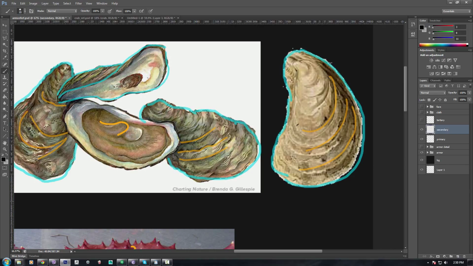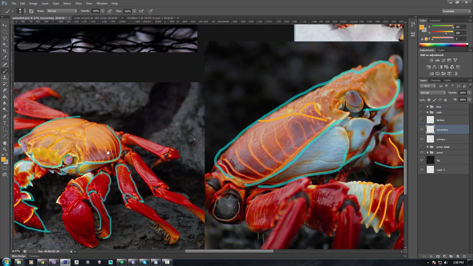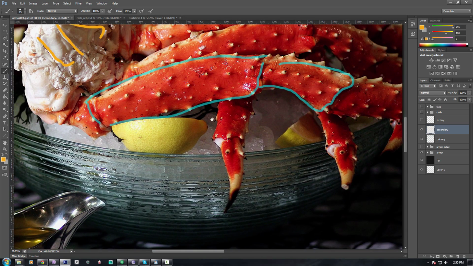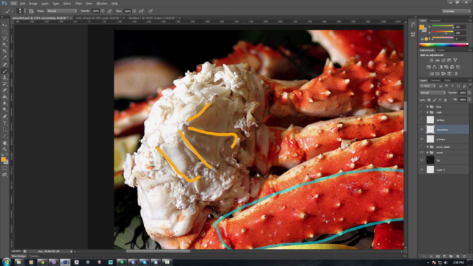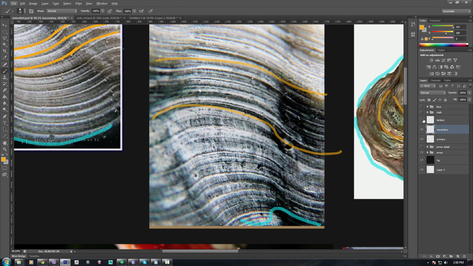You can see the way these lines are flowing, and they're complementing the flow of the primary form. You can see here the way these forms affect the light. If you see the secondary forms, these are the places where light bends, and you can see shadows and highlights.